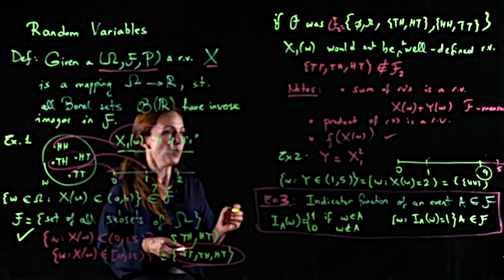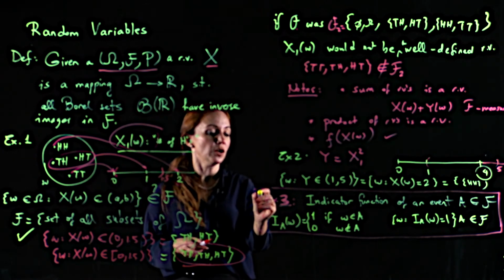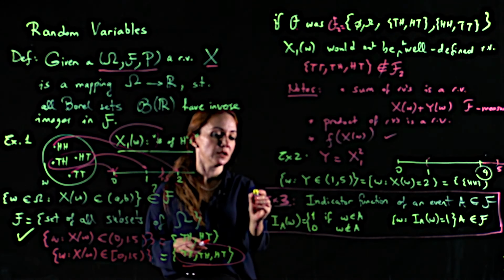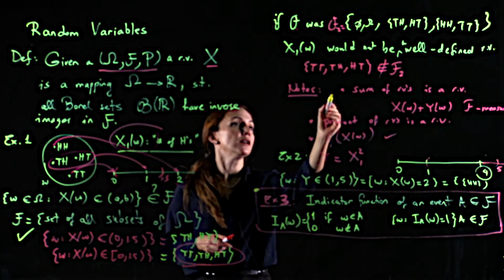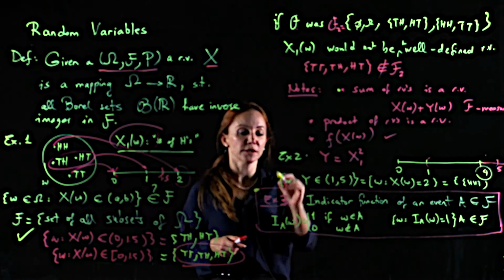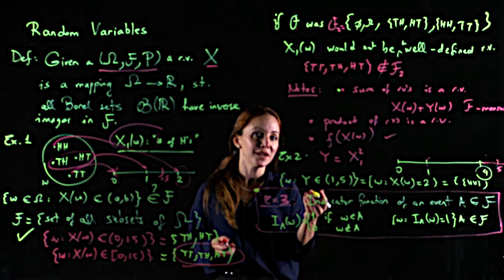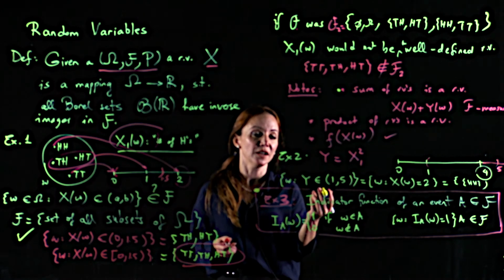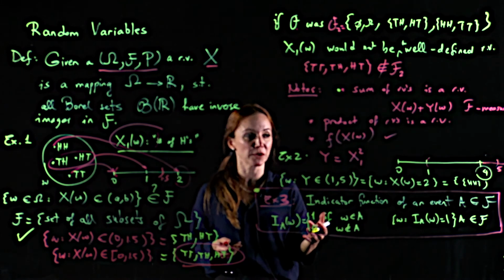Here is an example that combines the definition of the indicator function with the fact that a sum of random variables is a random variable. Often we sum indicator functions in probability models that deal with repeated experiments.